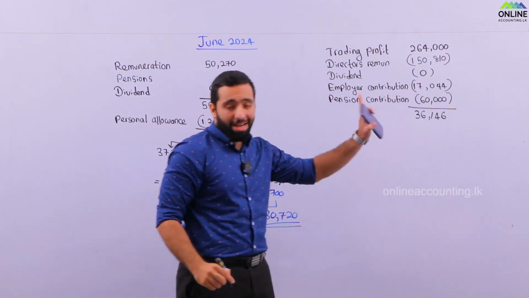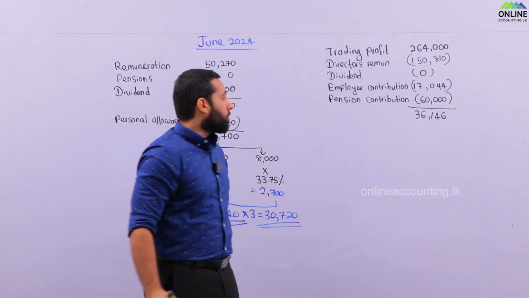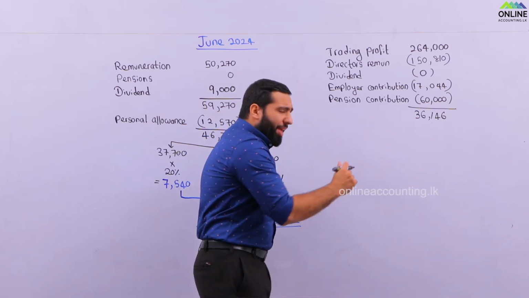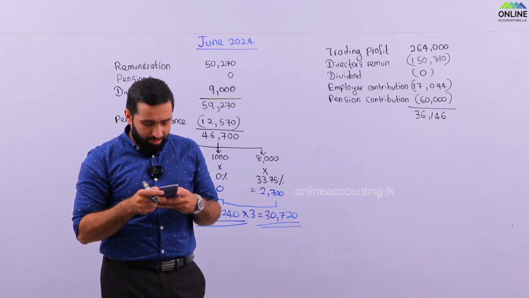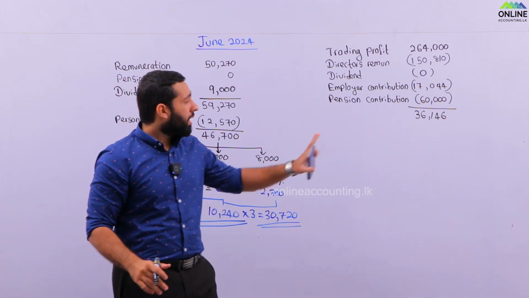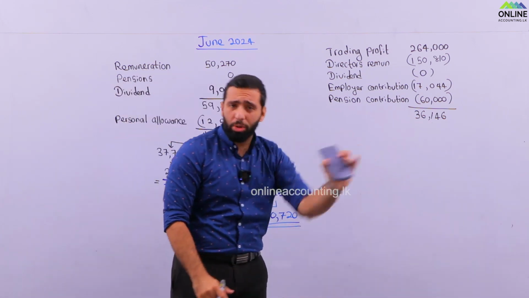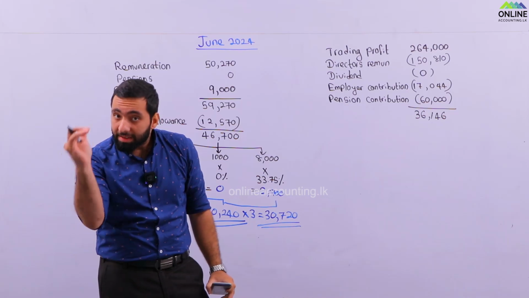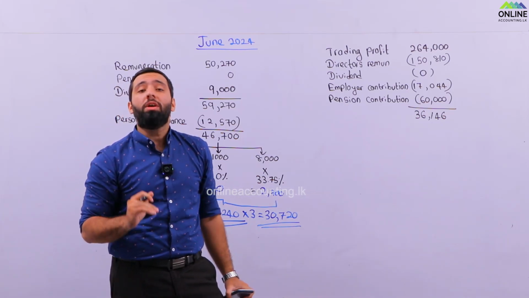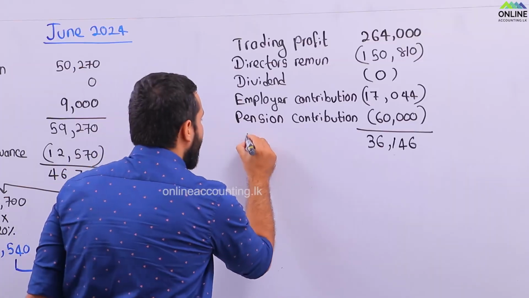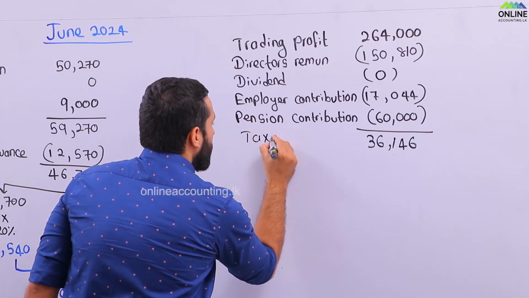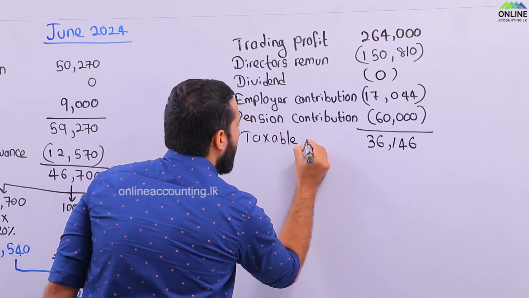And then what else you need to reduce? Yes, you don't need to reduce anything. And what is the rate that you're going to apply? Since it is less than 50,000, you will be applying 19%. So this is the taxable income.